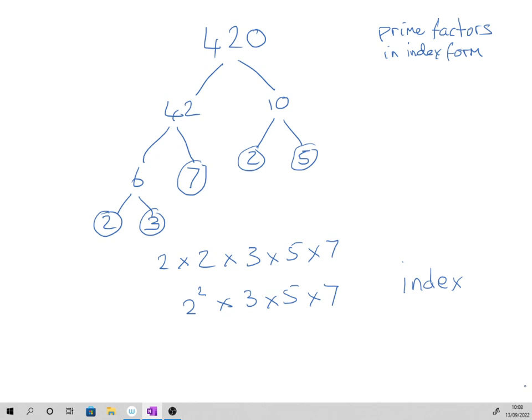Let's have a look. 4 times 3 is 12. 5 12s is 60. 60 times 7 is 420. So it doesn't matter how big the number is. You can break it up nice and easily.